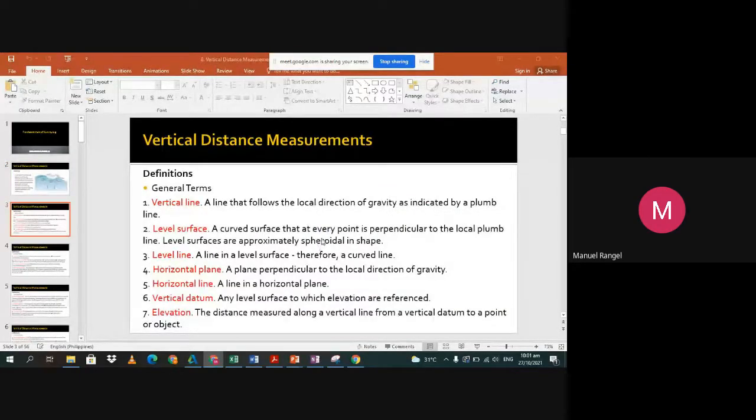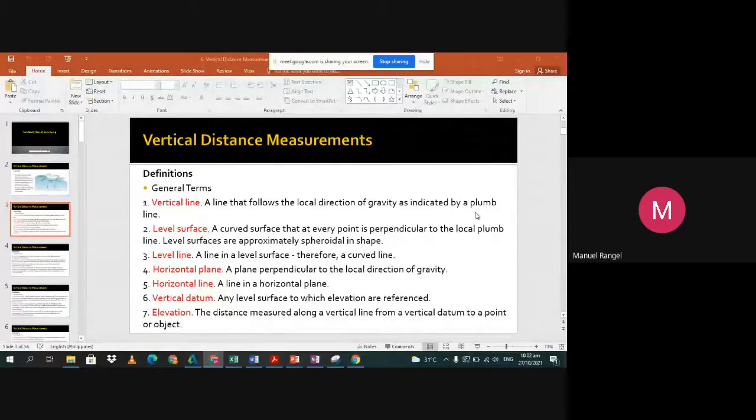Okay, so we have some definition of terms, general terms. The vertical line is a line that follows the local direction of gravity as indicated by a plumb line. So it should be exactly along the drop. I'm sure most of you have seen a plumb bob.